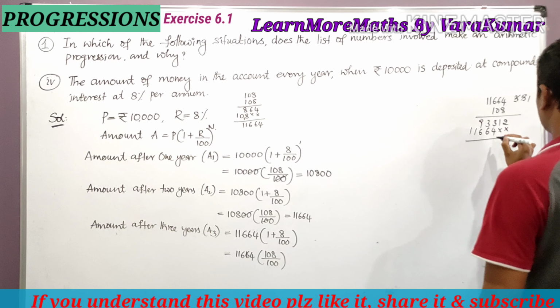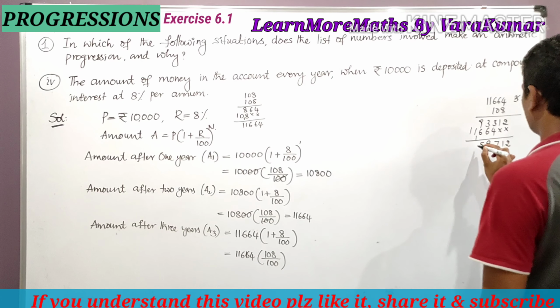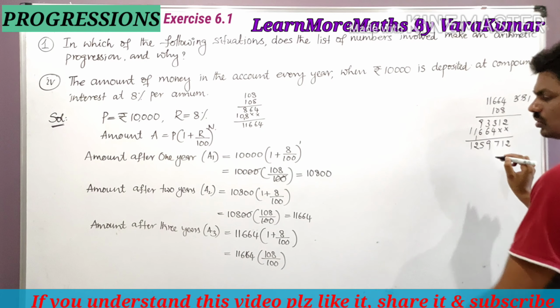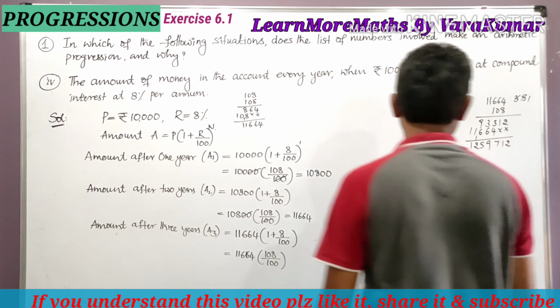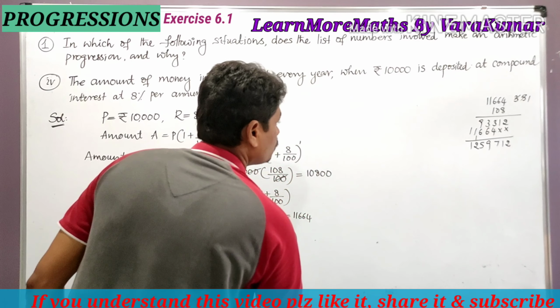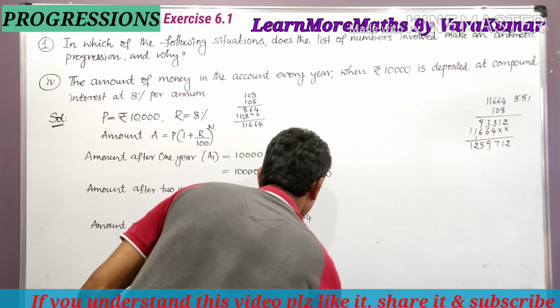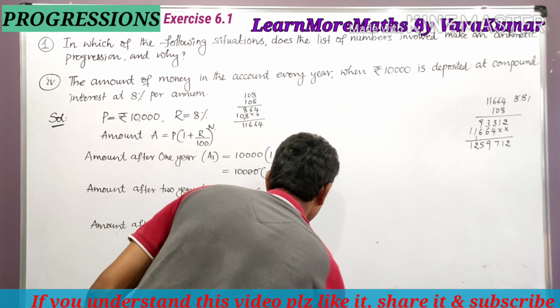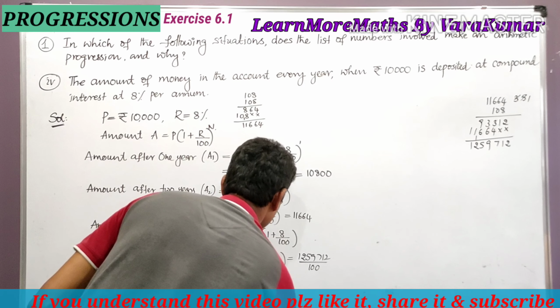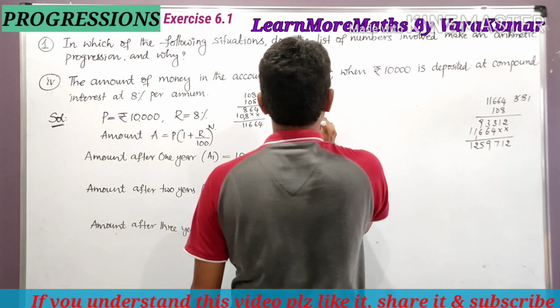So 1259712. Divided by 100, it becomes 12,597.12.